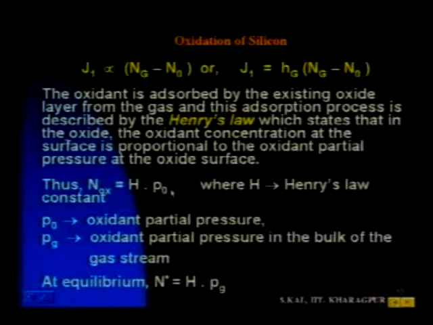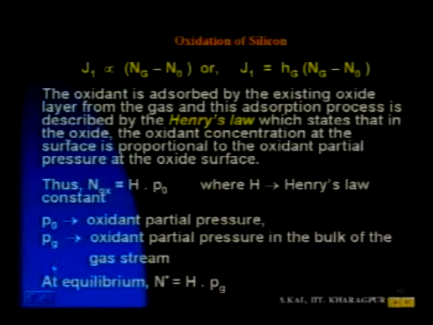If you equate it, NOx is equal to capital H multiplied by P naught, where capital H is known as Henry's law constant. P naught is the oxidant partial pressure.